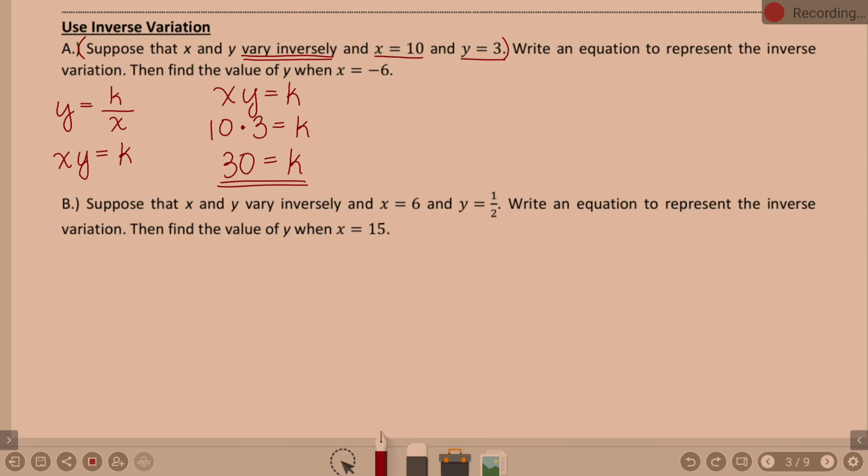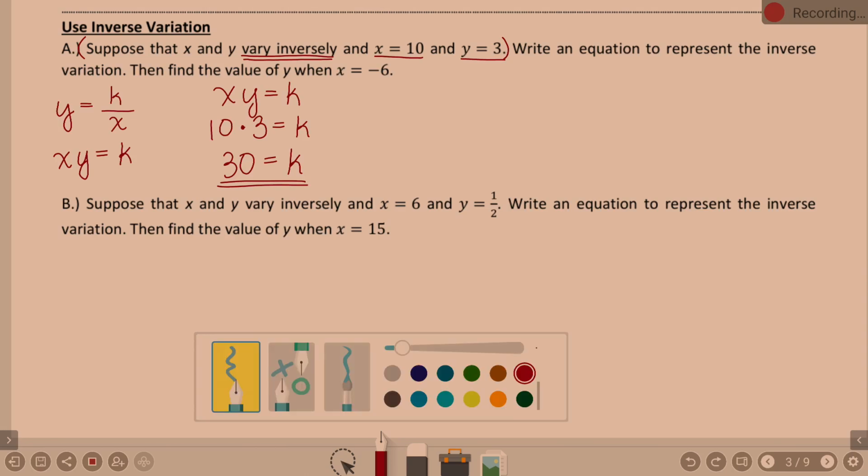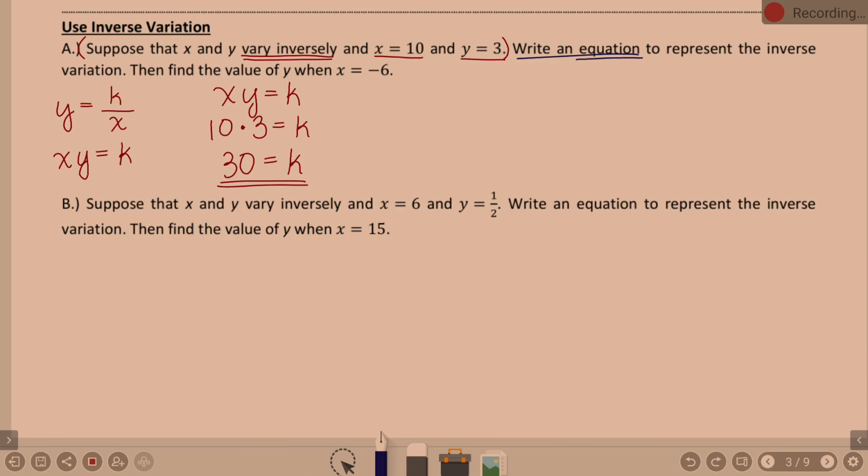Now, neat, right? If you go to the very beginning of the next sentence, it says, write an equation to represent the inverse variation. Well, officially, either of these equations work. My preference is going to be the y equals one.